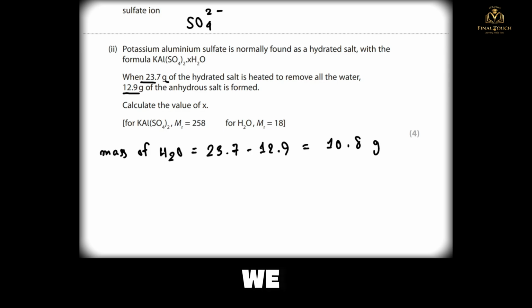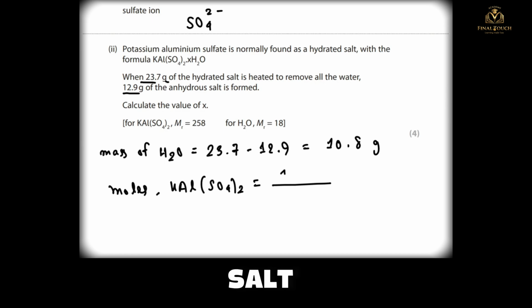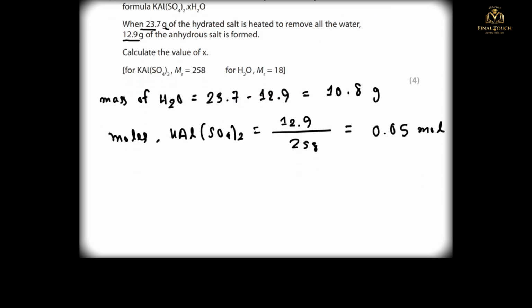Now, if we were to find the moles of KAl(SO4)2, so this is the mole of the anhydrous salt, we should use 12.9 divided by 258 gives us a value of 0.05 mole.